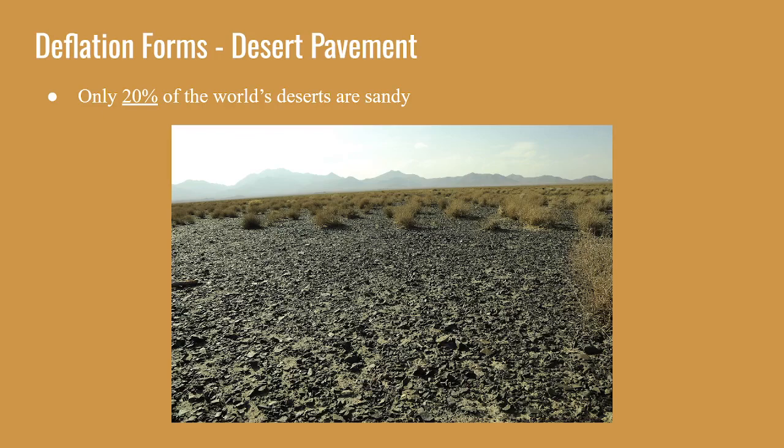And this is actually a quite common landscape. Only around 20% of the world's deserts are actually sandy. A lot of other deserts, remember, desert's a climate term that describes an area that doesn't get much rainfall. So a lot of the world's deserts look a lot like this.